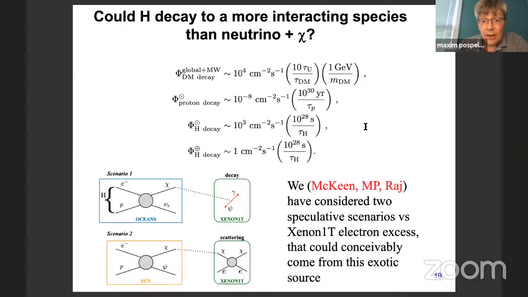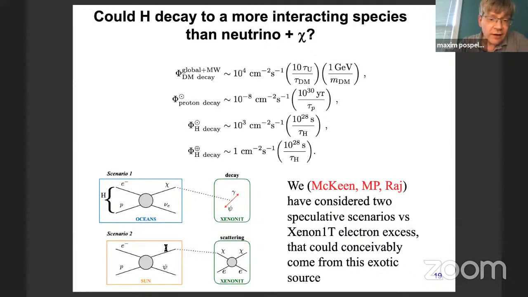And right before I go there, I just want to discuss a really very speculative possibility. If you have a hydrogen that undergoes this transition into a dark sector, the dark sector can be very, very complicated, and the subsequent fate of these particles chi can lead to decay, scattering, and so on.